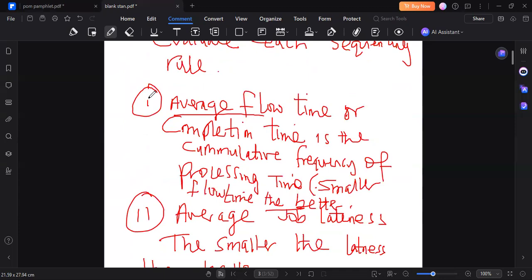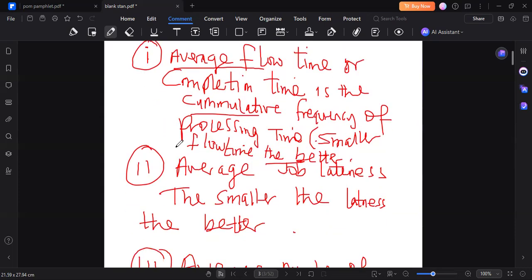If you're able to work on a job fast and finish, the better. So flow time is just the cumulative frequency of processing time. Then average job lateness: the smaller the lateness, the better. If you are late by a smaller margin, the better.